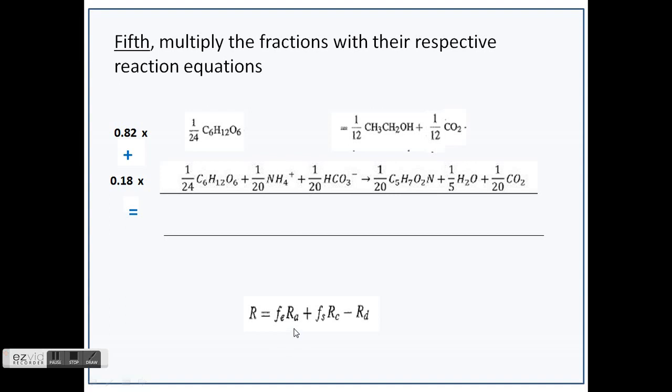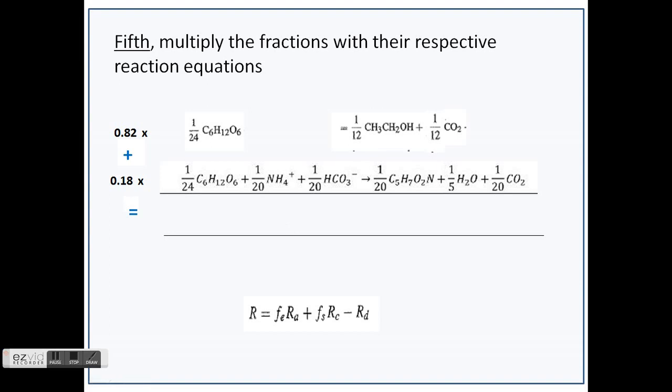Once you have your donor half reaction, acceptor half reaction, and the cell synthesis half reaction, you can just multiply the fraction going to energy production by the acceptor half reaction, and the fraction going to cell synthesis by the cell synthesis half reaction, and then you subtract the donor half reaction from it. I have not done the multiplications and additions. You can do that on your own.